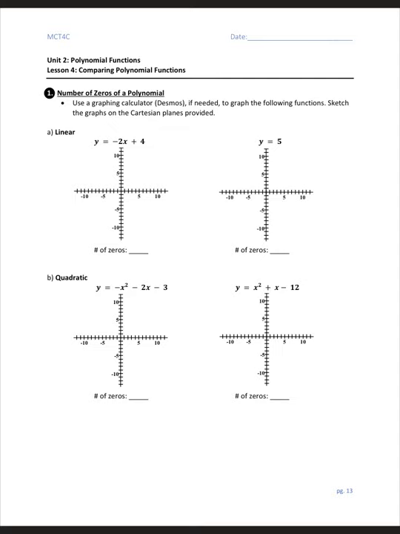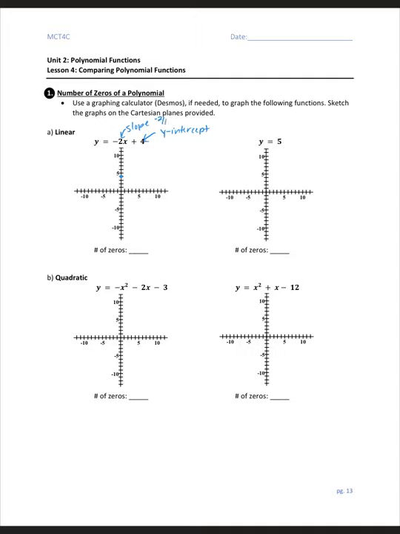So in this linear relation, we have a y-intercept of 4, and we have a slope of -2. Okay, so I'm going to start at my y-intercept, which is at 4. 1, 2, 3, 4. And our slope tells us that we're going to go down 2 over 1.